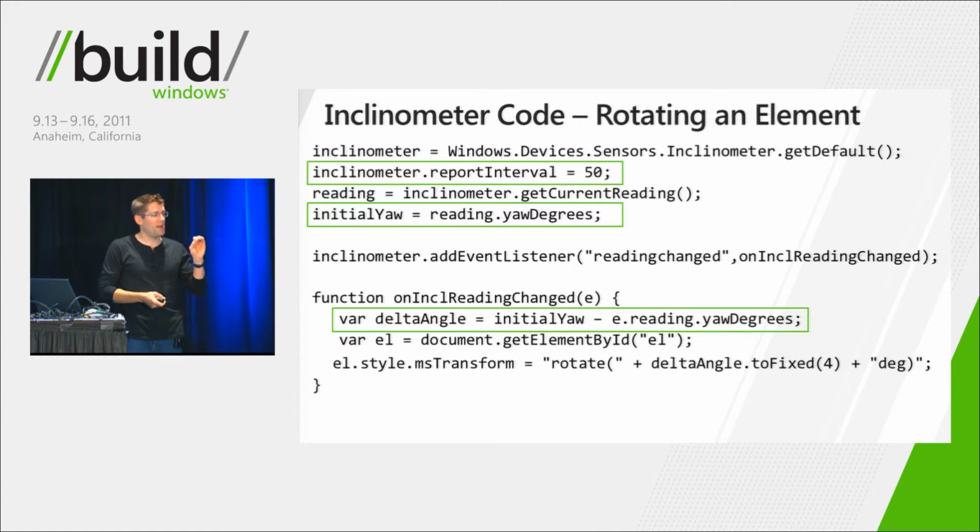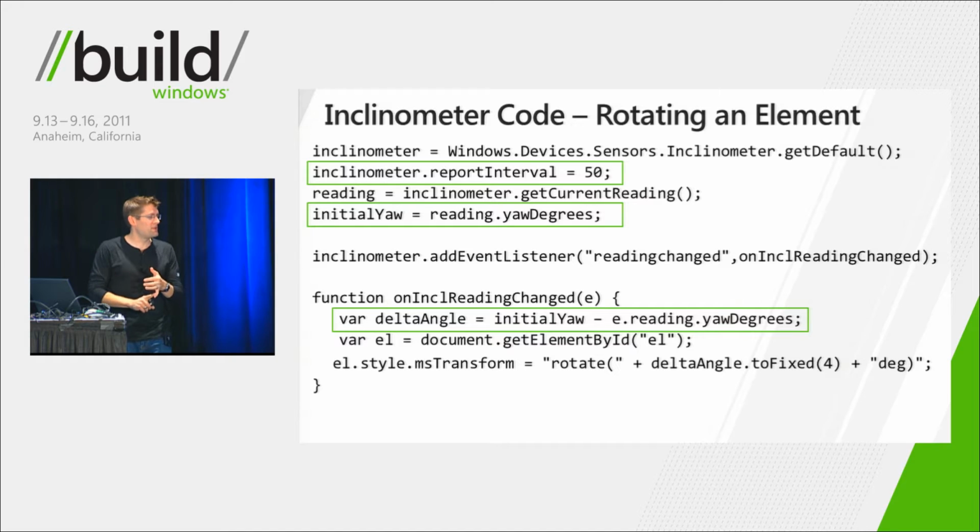We then add the event listener. So every time the inclinometer data changes, our event listener gets called here. And then we're just able to calculate the offset angle for the yaw axis, since the yaw axis is the same axis as the steering wheel would be modeled in a real car.